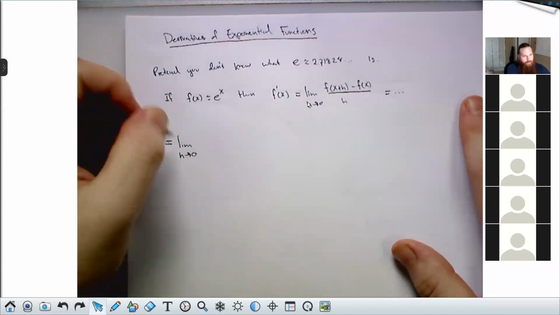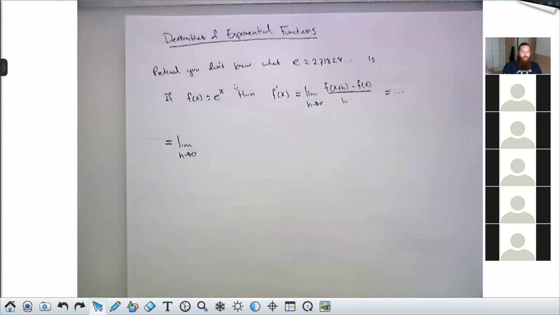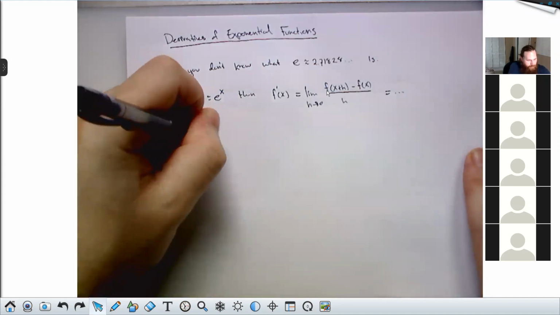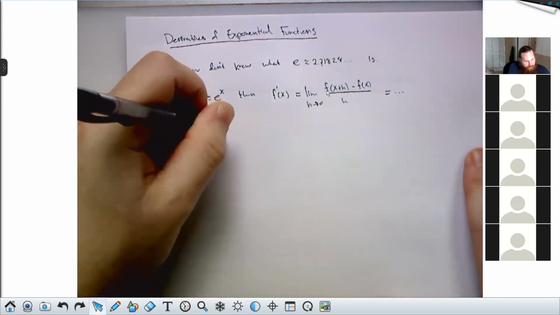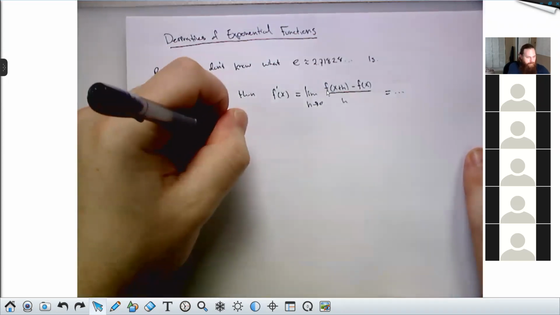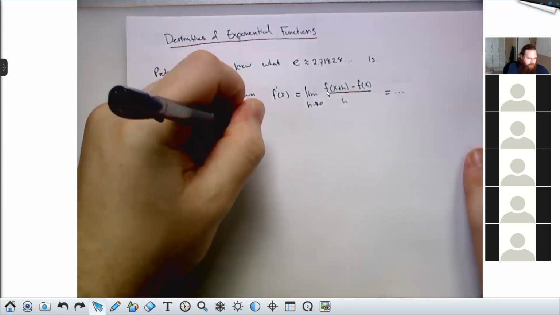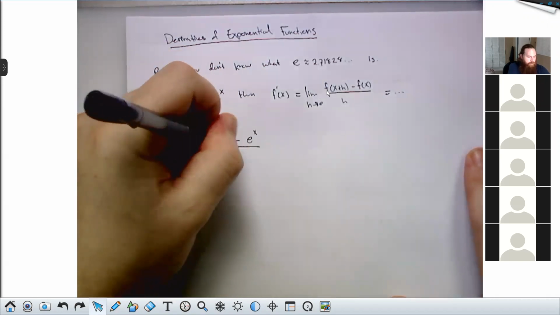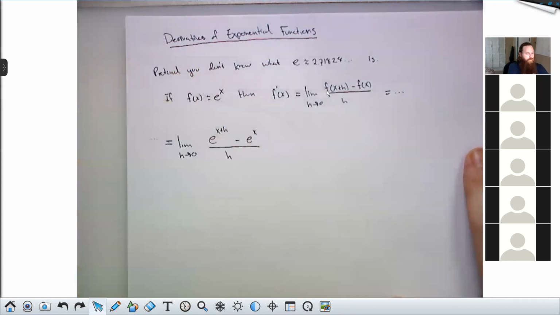Don't leave me hanging on that one. If f of x is e to the x, then what is f of x plus h? E to the x plus h. Right. Yeah, and it's all in the exponent, right? E to the x plus h, like this. And then minus f of x would mean minus e to the x, and all of this is divided by h.